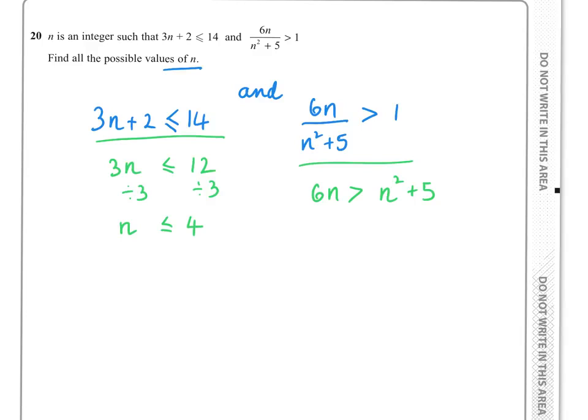And if we take 6n from both sides, and rewrite, if 0 is greater than the right-hand side, that means the right-hand side has to be less than it. We can factorize this.